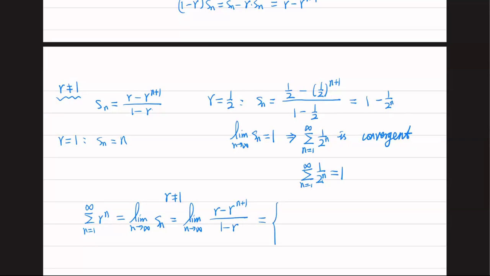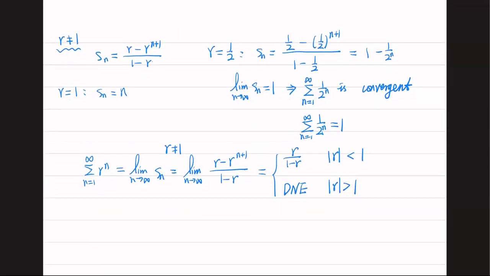If the absolute value is less than 1, this will be R over 1 minus R. If the absolute value is bigger than 1, the limit doesn't exist.